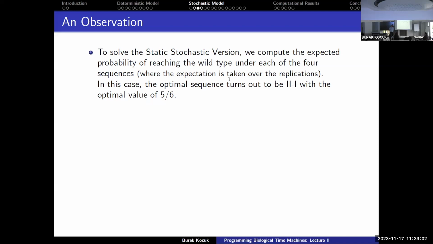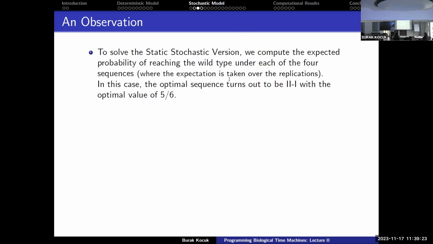They will give you some values, 2 over 3 and 1. If you don't know which one you will see, I'll take the average, the expectation. And it gives you 5 over 6.